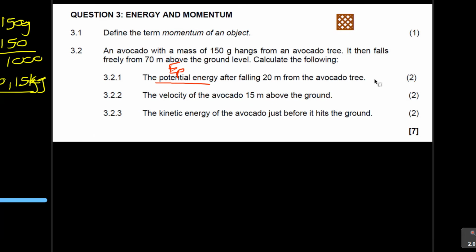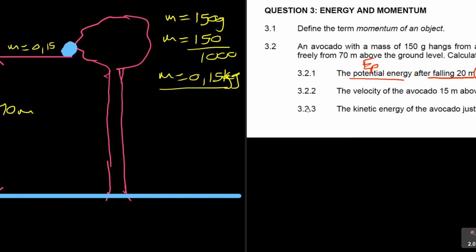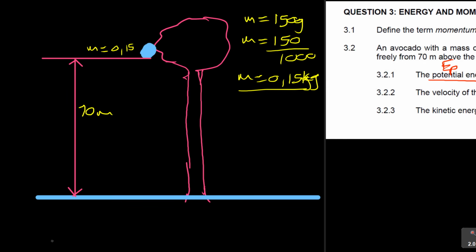And then it says after falling 20 meters from the avocado tree, which means you go to the avocado tree and say to yourself, it fell from here, and it fell 20 meters. Let's say this was 20 meters, like that. And then let's cut it here also, like this.